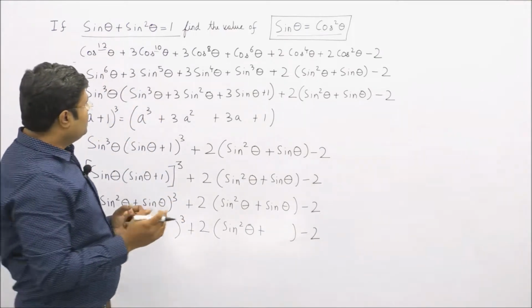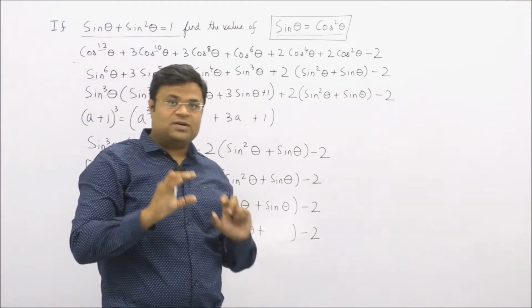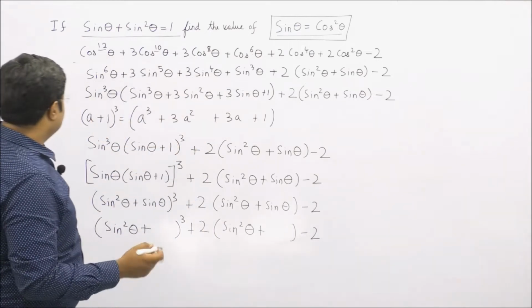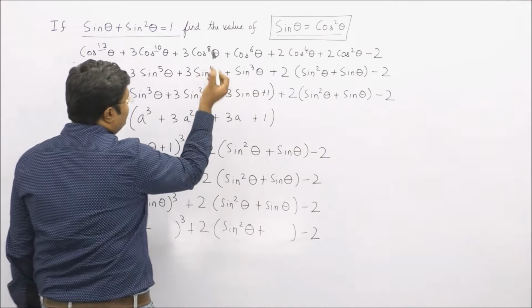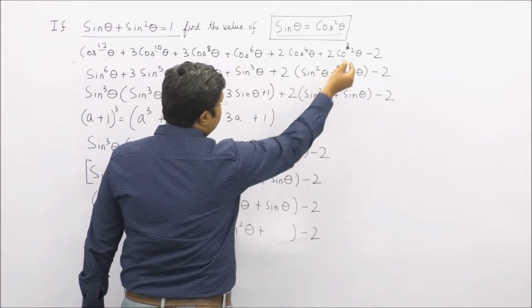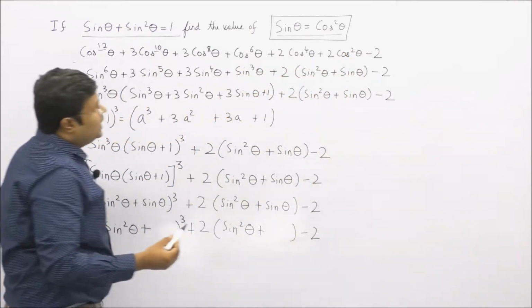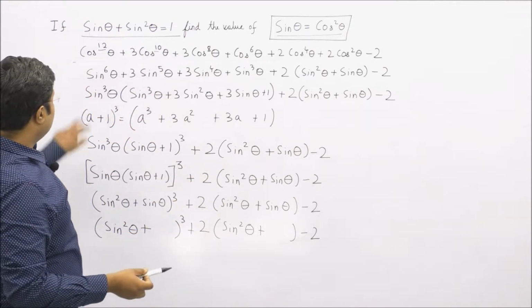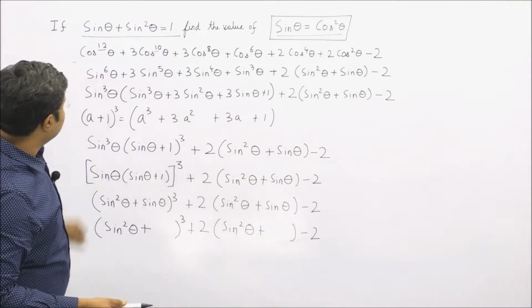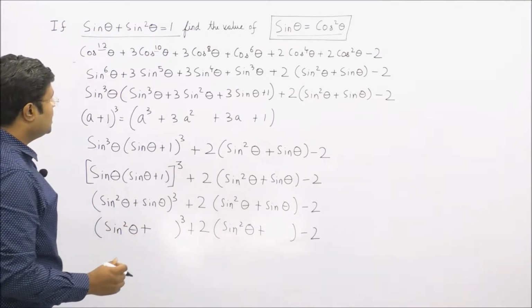It's just that we feel a little more secure when the powers are less. So this becomes sin to the power 6, 5, 4, 3, 2 and 1. Why? Because wherever there is cos square theta, we will introduce sin theta. So if it was cos to the power 12, it became sin to the power 6.